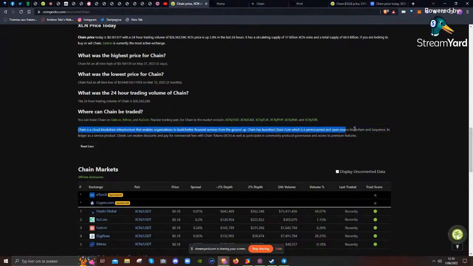What are they about? A cloud blockchain infrastructure that enables organizations to build better financial services from the ground up. Okay, Chain has launched Chain Core, which is a permissioned and open source blockchain, and Sequence, its ledger as a service product. Clients can receive discounts and pay for commercial fees with chain tokens, as well as participate in community protocol governance and access premium features.